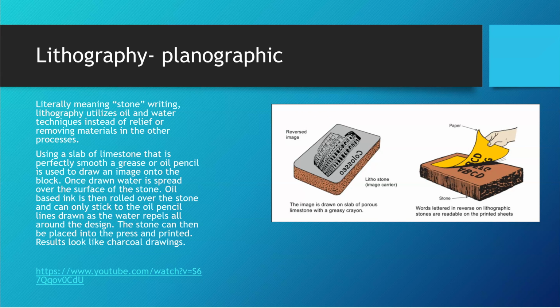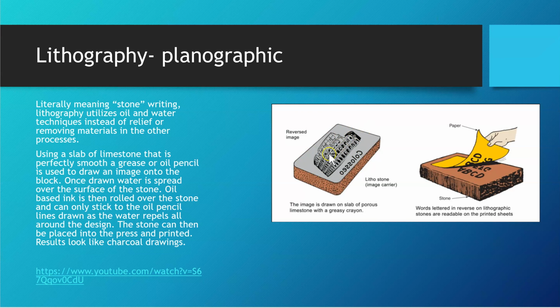You will then be able to coat the stone in water, and that water is going to be absorbed in the stone wherever there is no markings, right? The water is just going to sort of sit. It's going to be pushed away from this design. So everything else now is wet, and we use an oil-based ink.